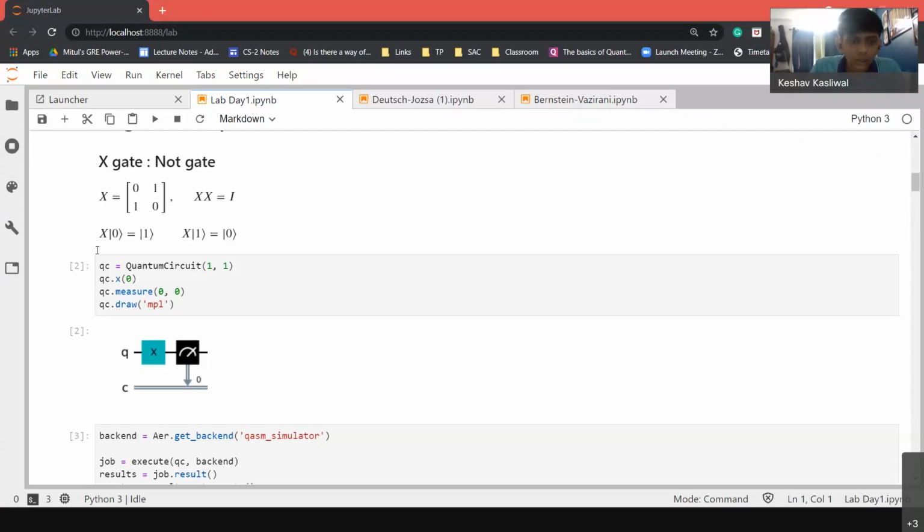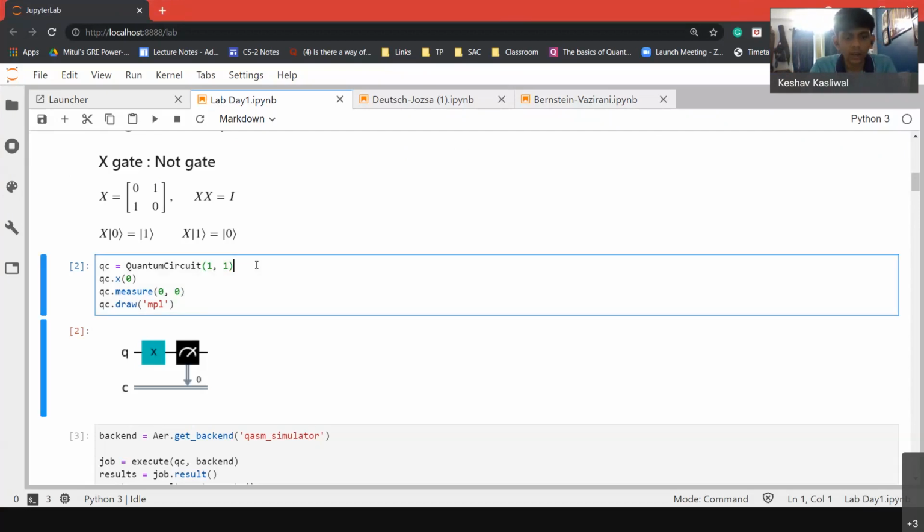So I'll add a comment over here as well: QuantumCircuit(X, Y), where X is the number of qubits, or quantum bits, and Y is the number of classical bits that we want to have.